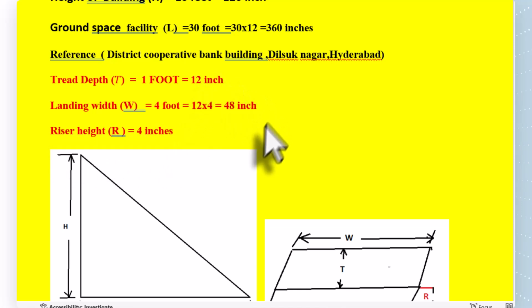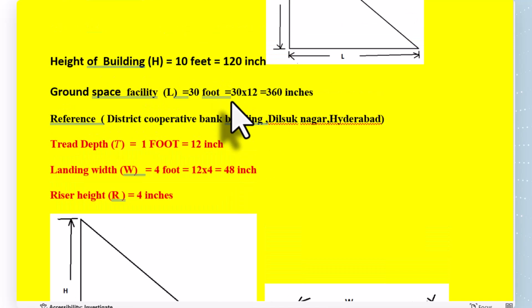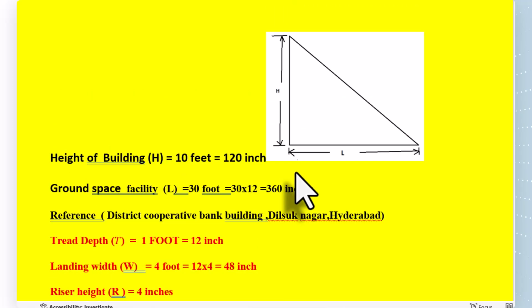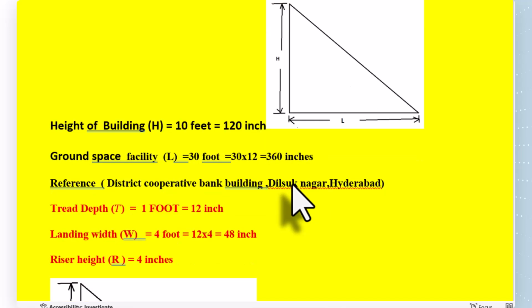These three are fixed, and only the building height and the ground space facility will vary from one building to the other. Knowing these two parameters and taking the reference parameters, we can decide how many risers and how many treads are required for the building, for a good design of the building staircase.